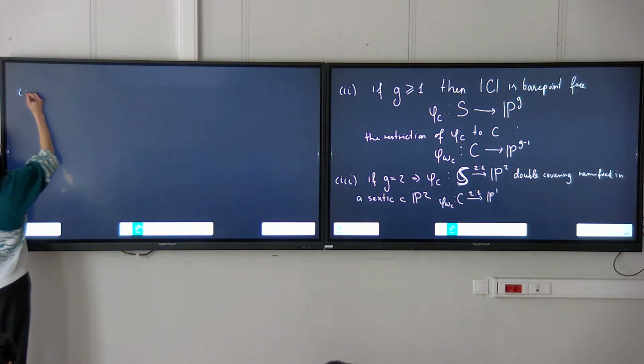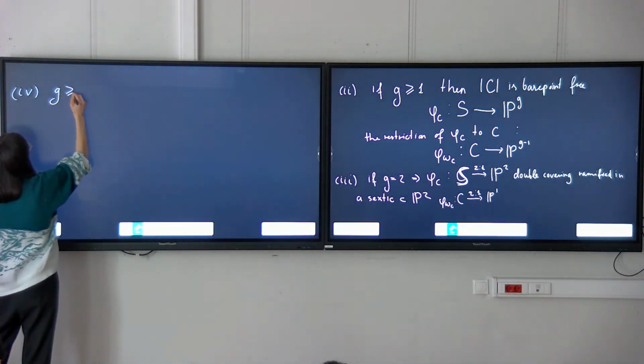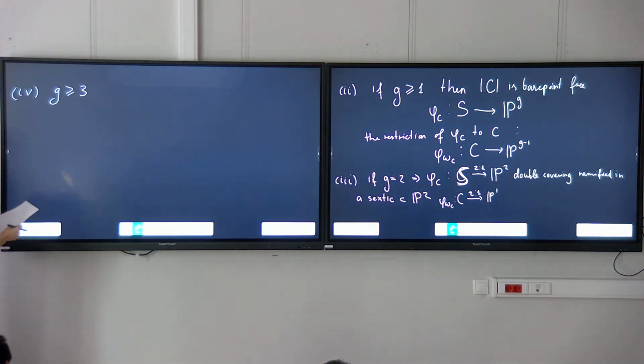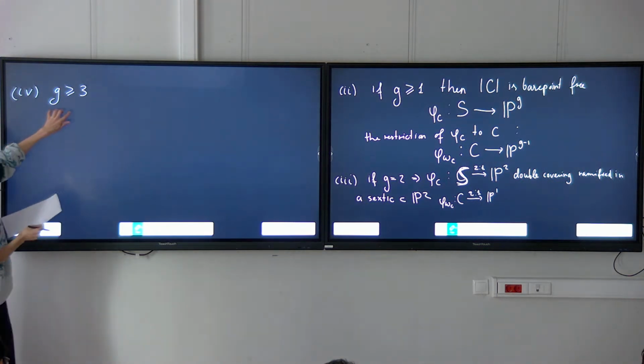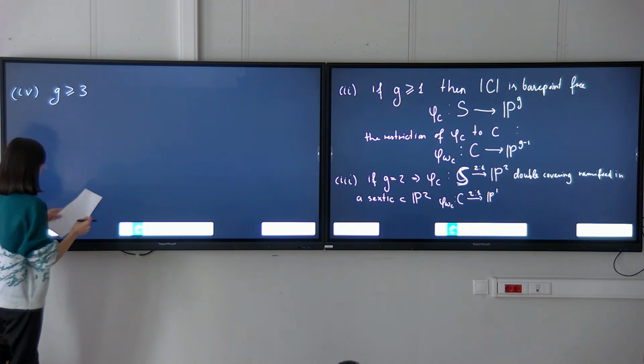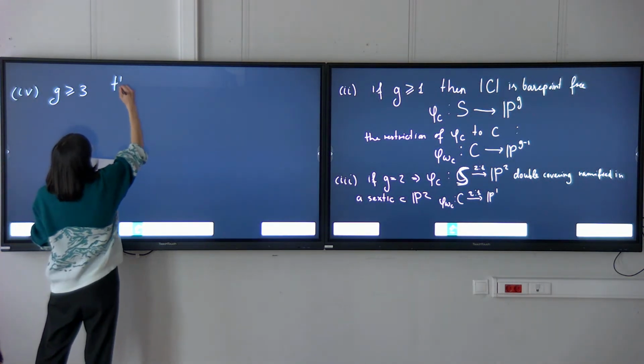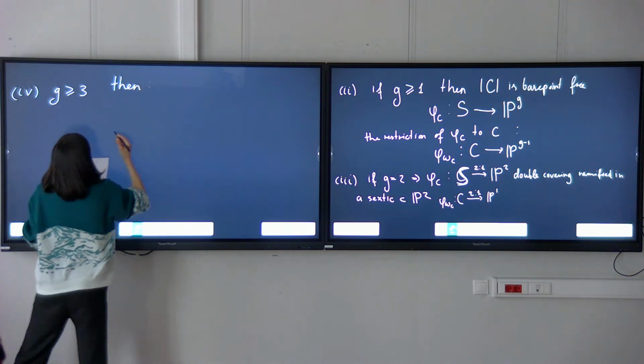And now the last statement is for genus greater or equal to 3. So in this case, we have both hyperelliptic and non-hyperelliptic curves, and so we obtain two subcases.